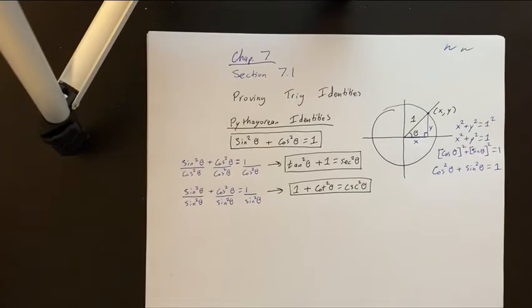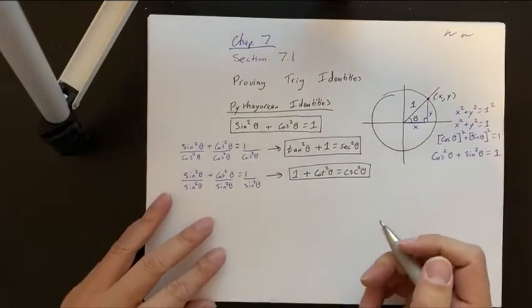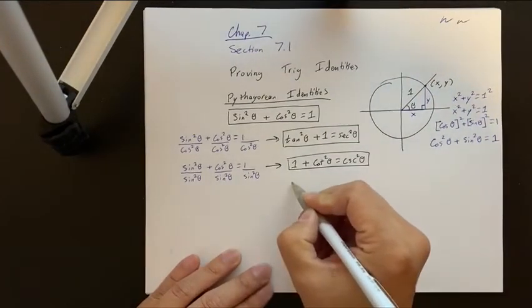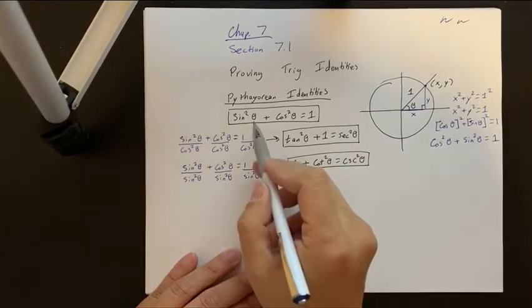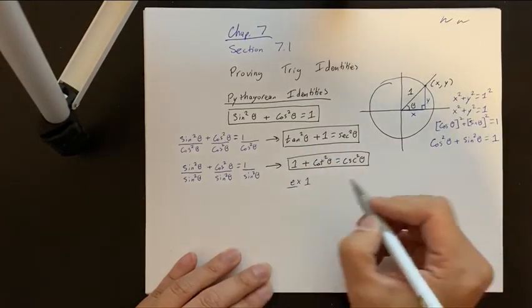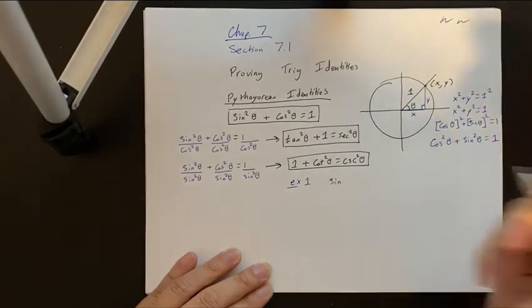Okay, so I did a few examples to show you guys how you would apply these identities. So for the first example, for any theta, this equation is true, so I decided to use theta being 30.